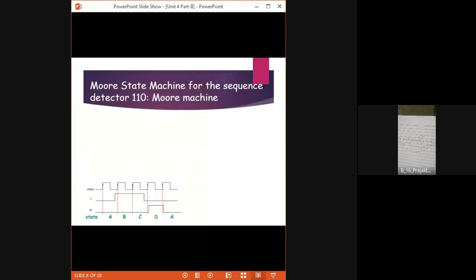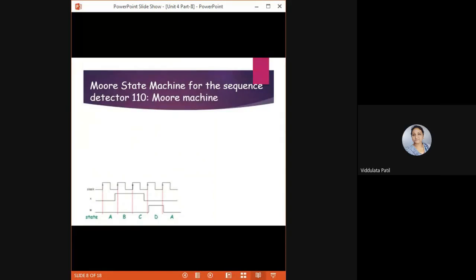Pin to Prajakta so that you can see this diagram.